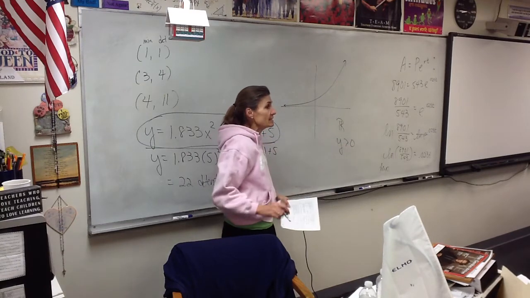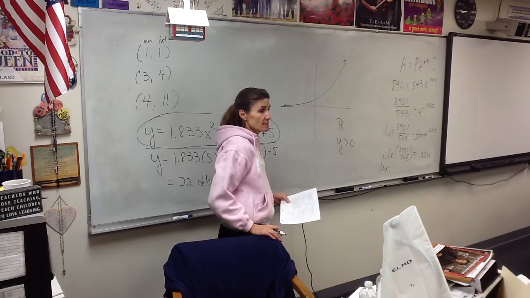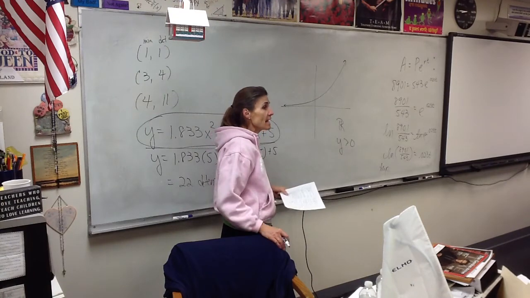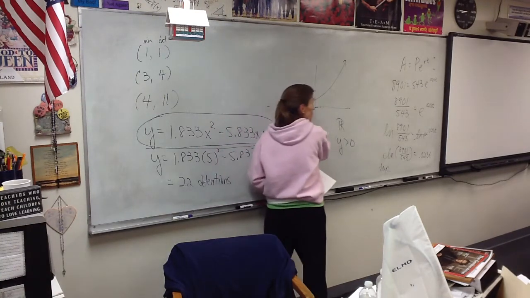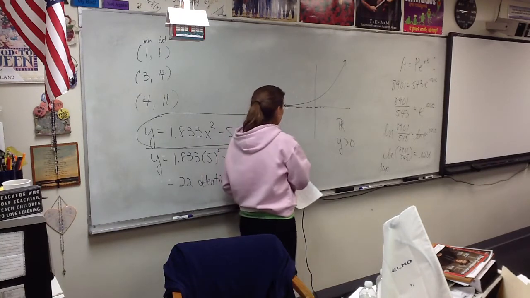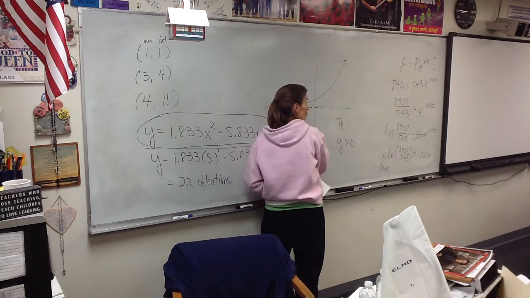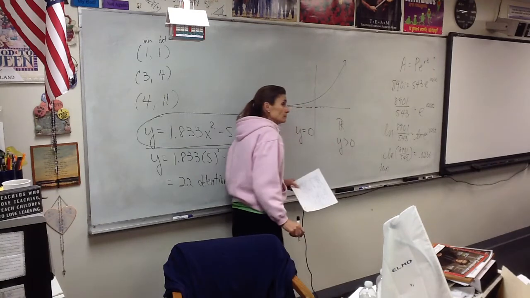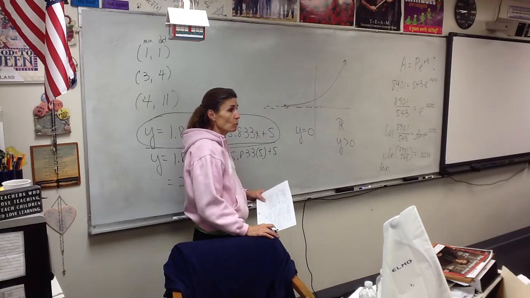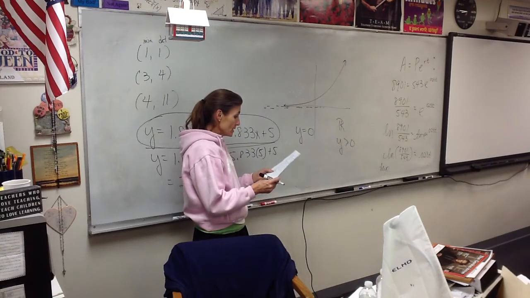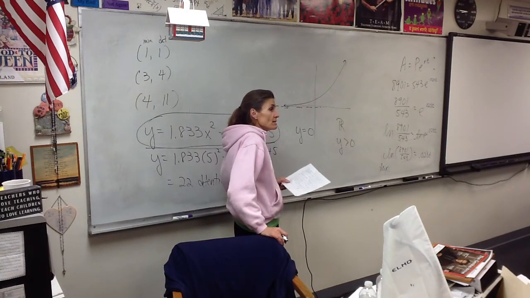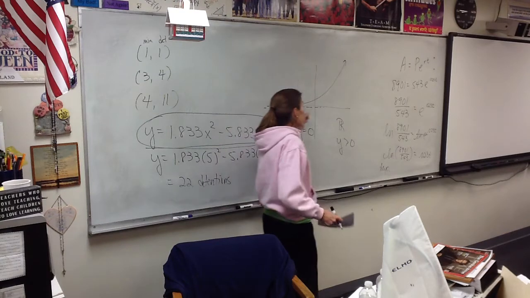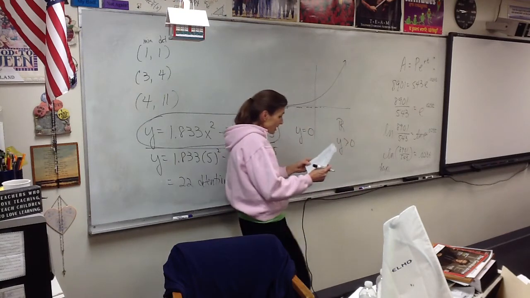Would you say that's a continuous curve? Yes. Are there any asymptotes in it? Yes. This is an asymptote. So the asymptote is y equals 0. Would you say this curve is increasing or decreasing? Increasing. Increasing on its entire domain. It's going up, up, up, up, up as you move left to right.